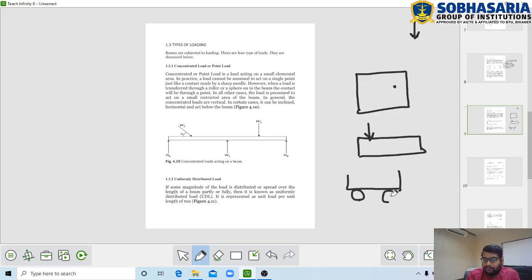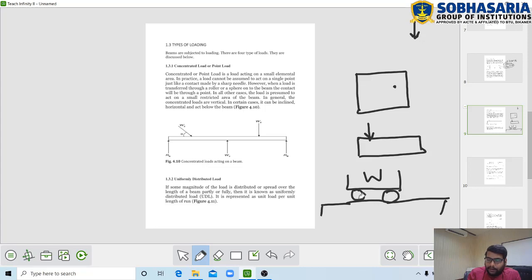When the vehicle travels on a road surface or a flat surface, the whole weight of the vehicle is transferred to the road through its tires.